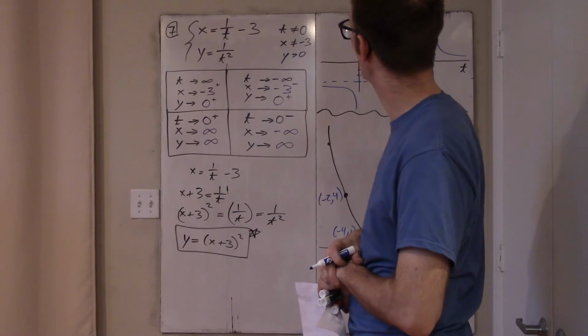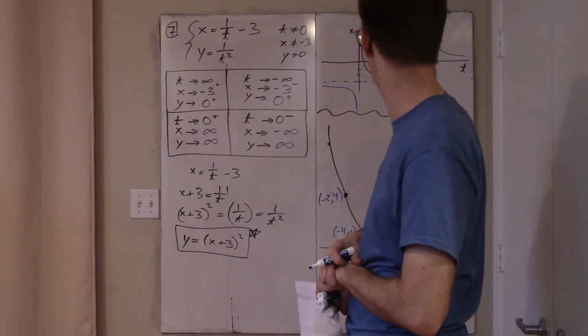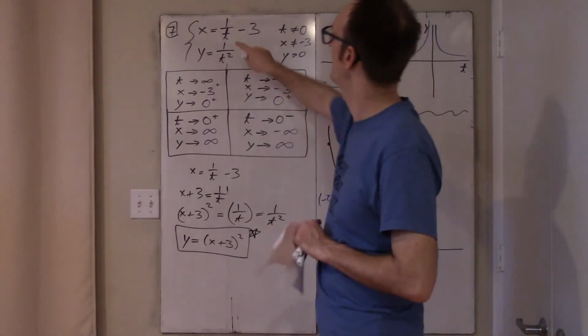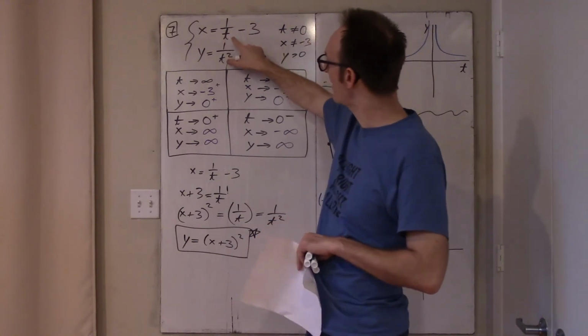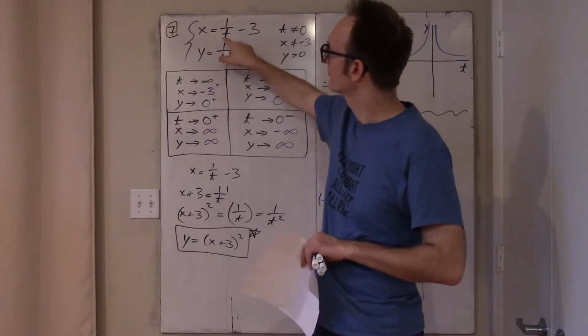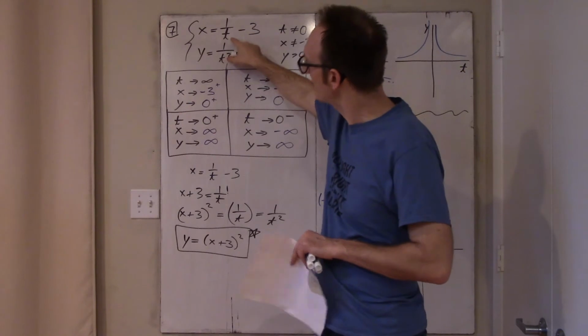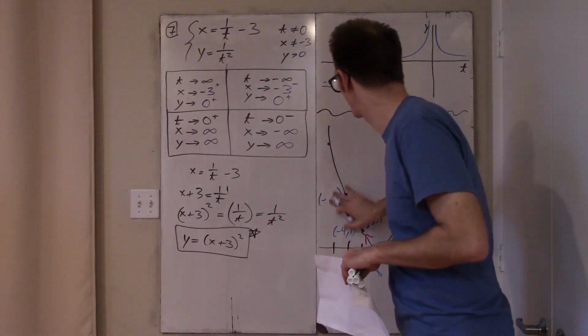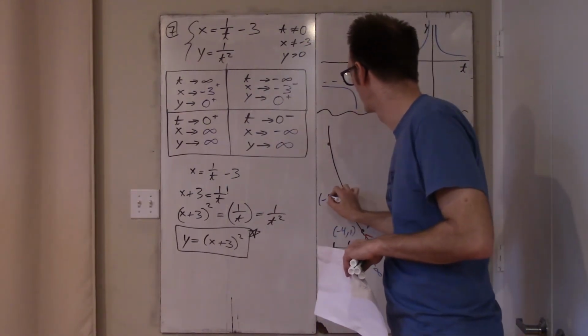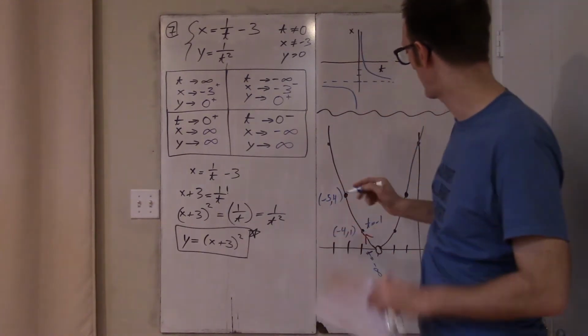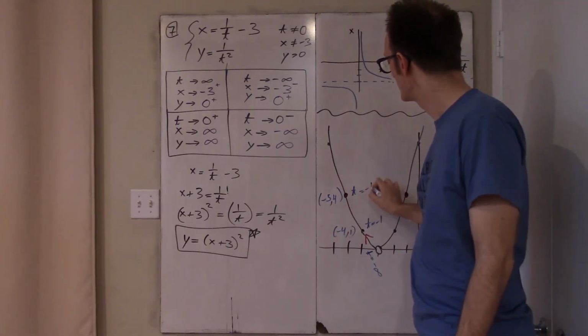If I plug in negative a half is what I meant to say. 1 over negative a half is -2. So I get -5, 4. Because I do want to go in chronological order. So this is time t equals negative a half.